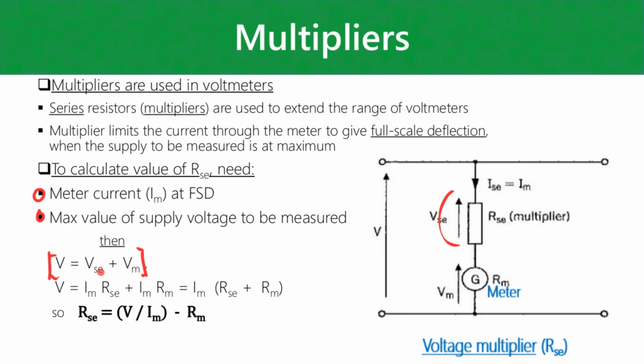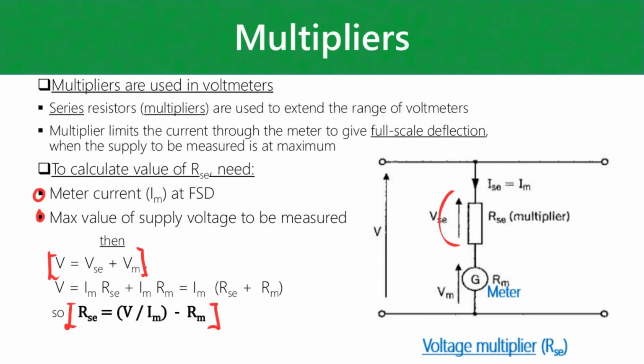You're going to have the same current flowing through both of these resistances. So eventually you end up with a multiplier resistance calculation that will look something like this. You're calculating the total resistance of the branch minus the meter resistance.